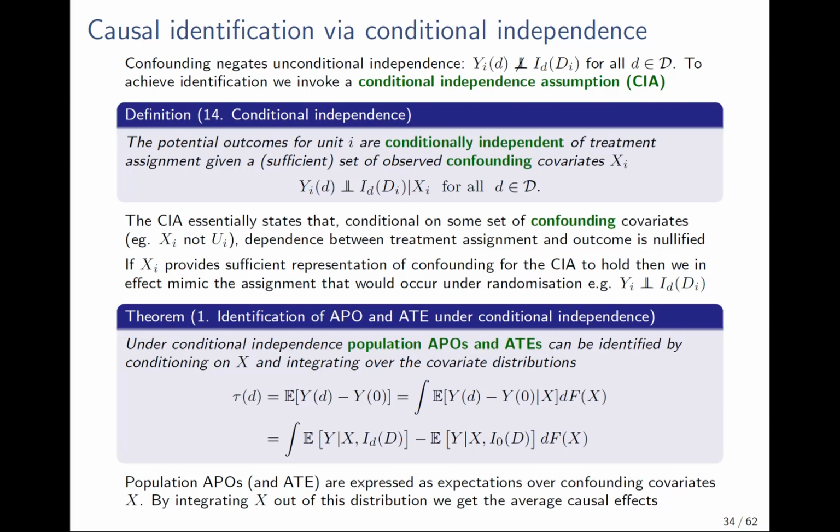And if we can do that, then I'm going to show you that we can identify average potential outcomes and average treatment effects even when we have confounding and even when we have the fundamental identification problem of causal inference.